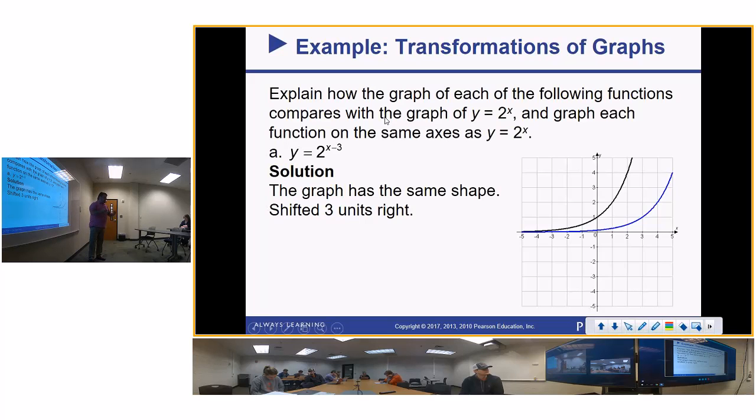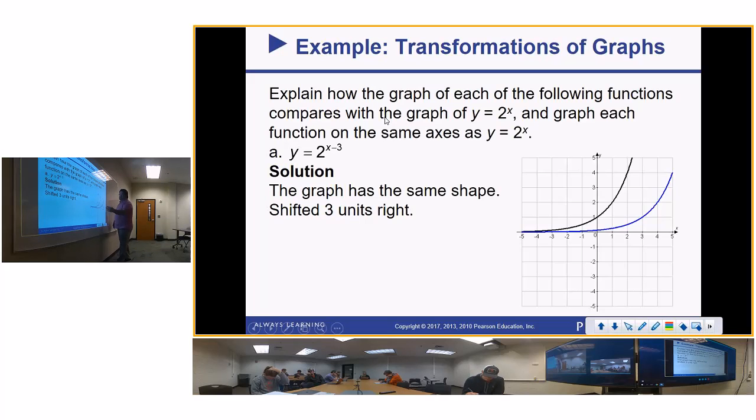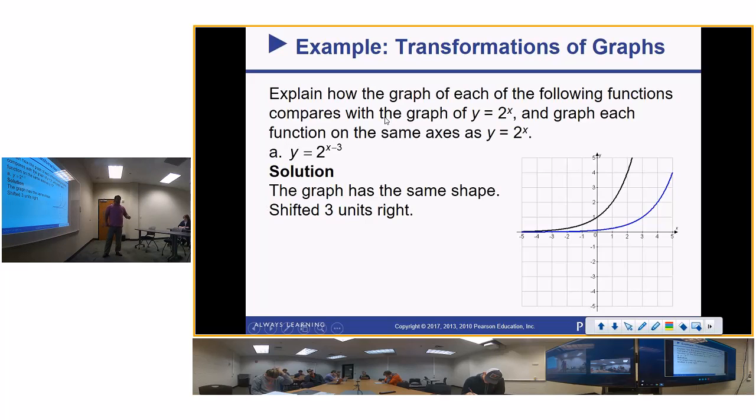Whatever you move, it's going to be based on this point right here: 1, 2, 3. Because you can't use the origin down here because you can't tell where it is. So on an exponential function, you're going to use that point right here to move left or right or up and down. That's what you're going to use, that y-intercept.